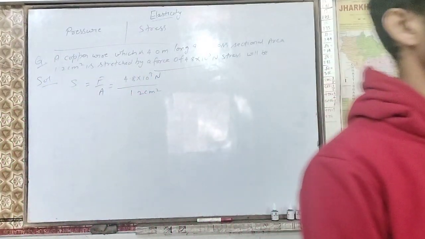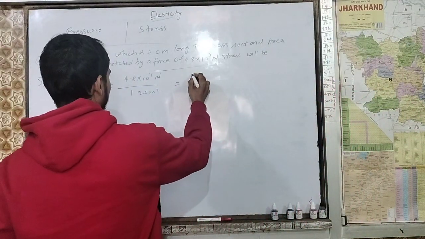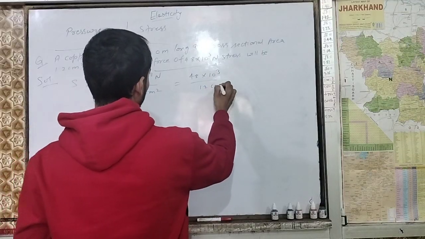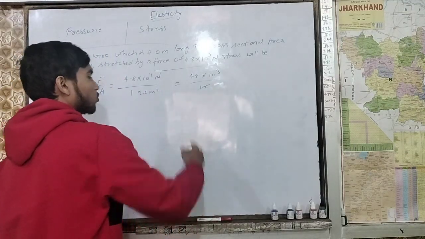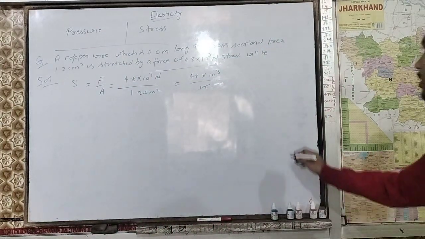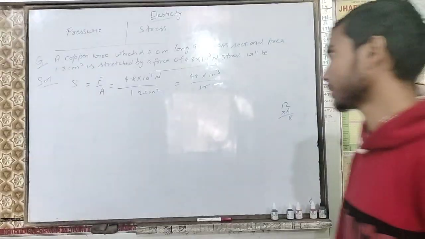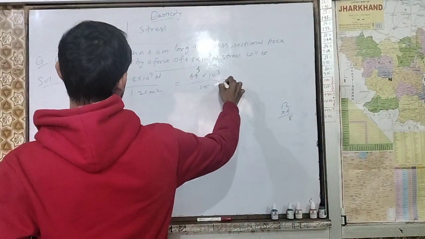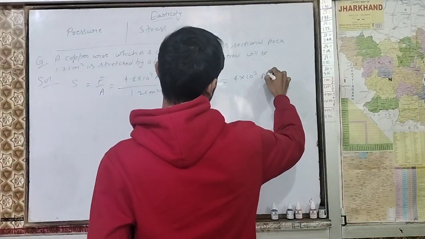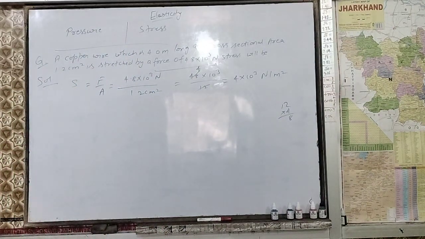Now our work is to simplify this. This will become 48 times 10 raised to power 3 over 12 centimeter square. So the final answer is 4 multiplied by 10 raised to power 3. This is our stress, in Newton per meter square.